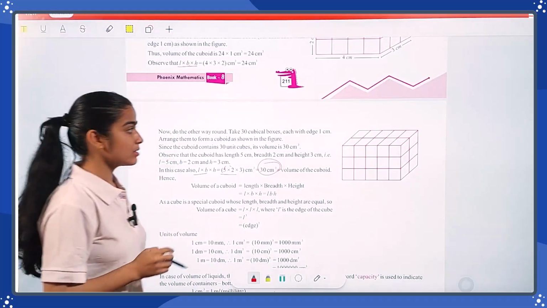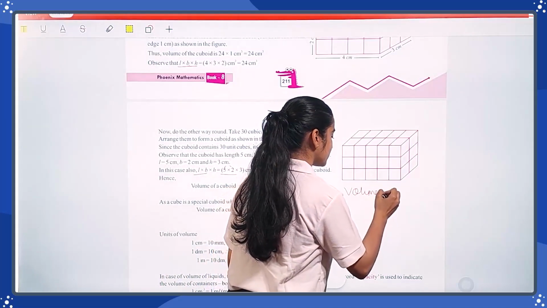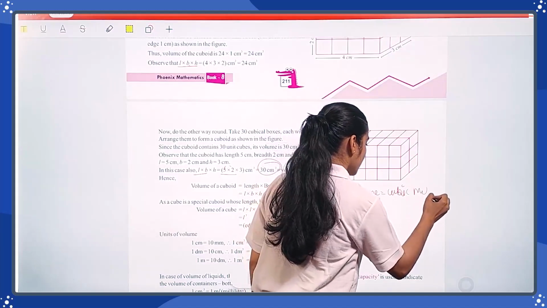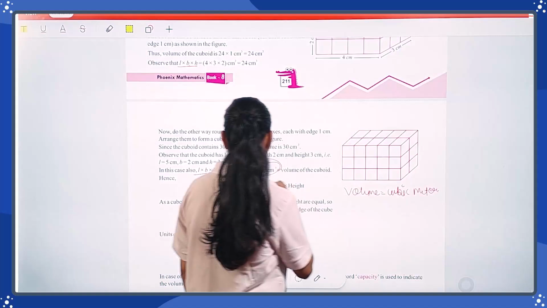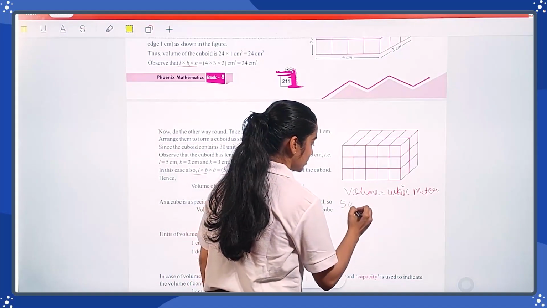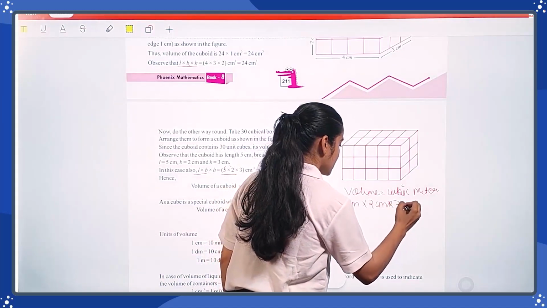Always remember this, the unit of volume is cubic meter. Why? Because we multiply 3 times. For example, 5 centimeter multiplied by 2 centimeter multiplied by 3 centimeter.